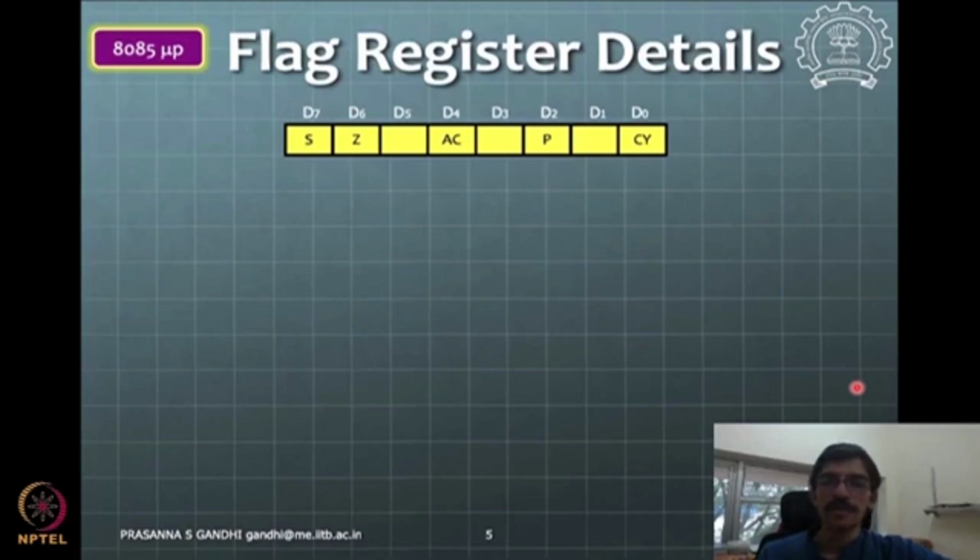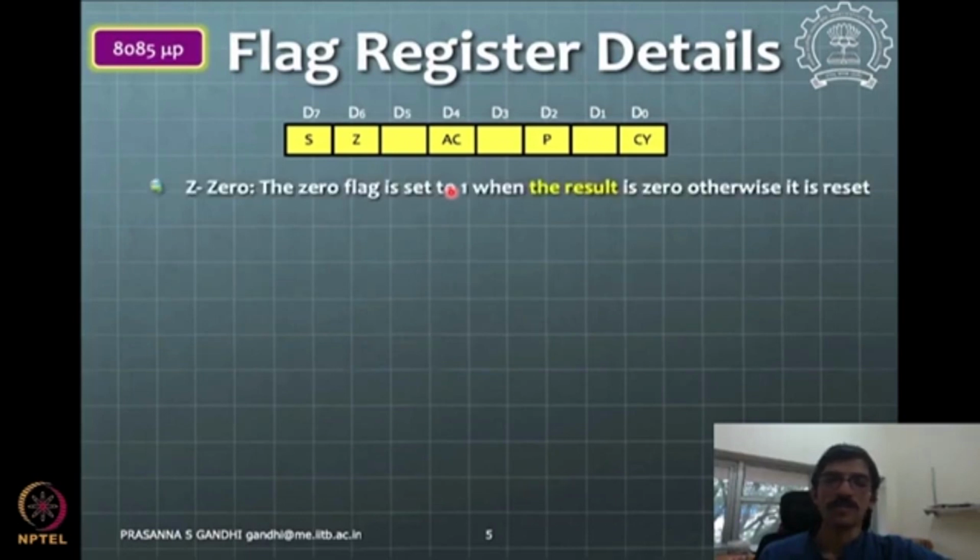Typically there will be registers which indicate whether some operation is done or not done. This is called a flag register. A flag is something you raise when something is done or not done. This flag register has bits which are made 0 or 1 depending upon the operation that happens. For example, the zero flag will be set when the result of an operation is 0.